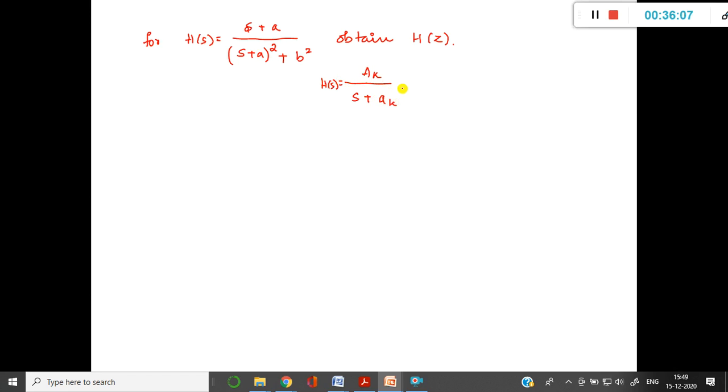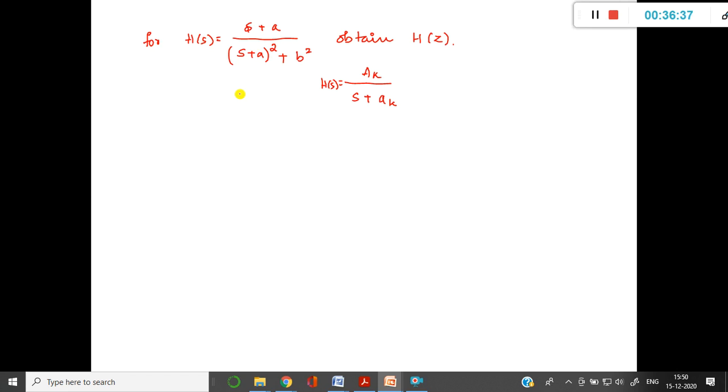Only then can I apply h of z directly. So unless you go for the partial fraction method, or if you know the inverse Laplace directly, you go for inverse Laplace and sample that at nT, then you apply the z transform, for which you need to know standard values, or else better you go for the partial fraction method. Okay, solve this by partial fraction method.